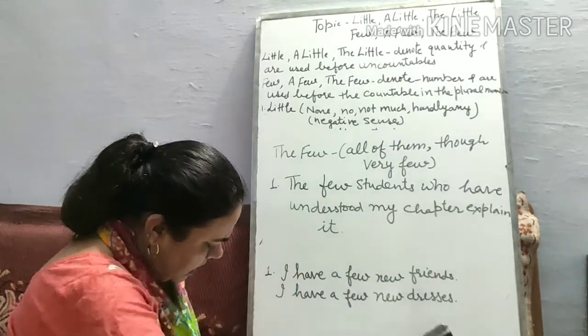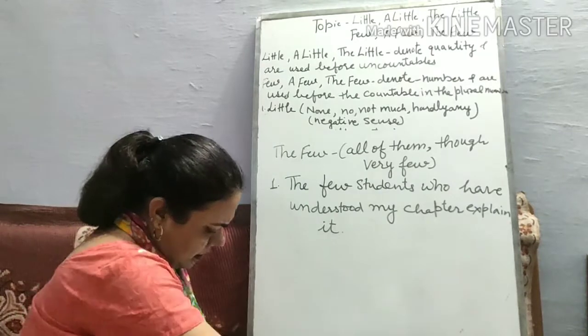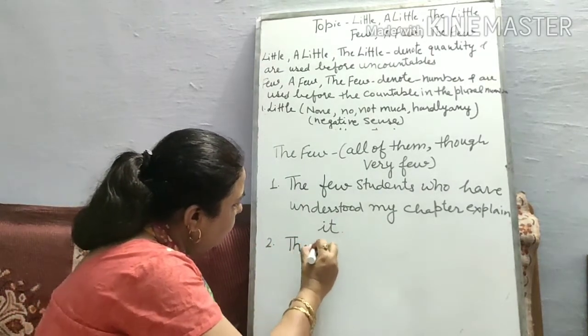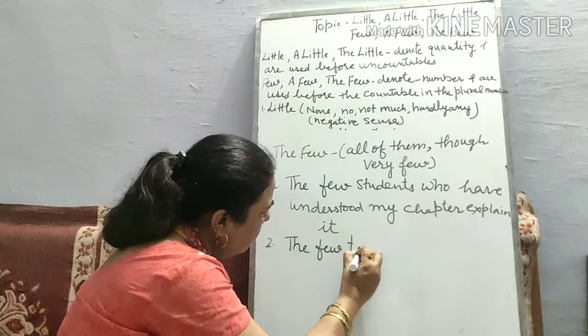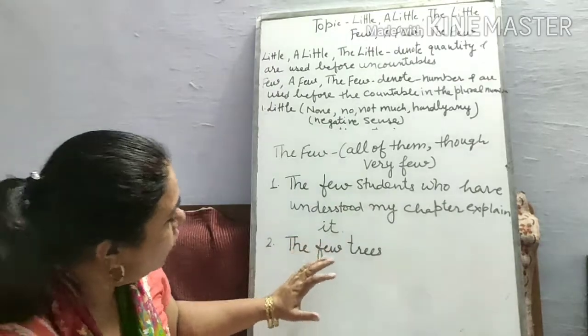Next I take, the few trees. It means there were many trees, and out of the whole, few trees.